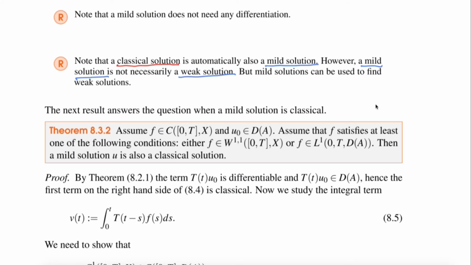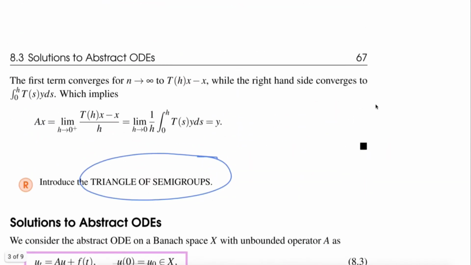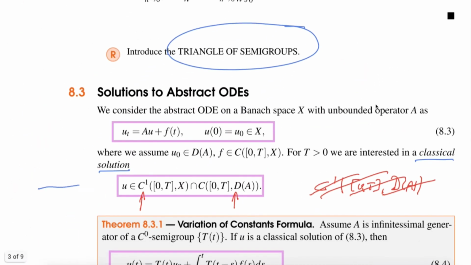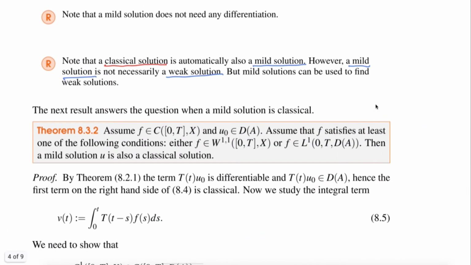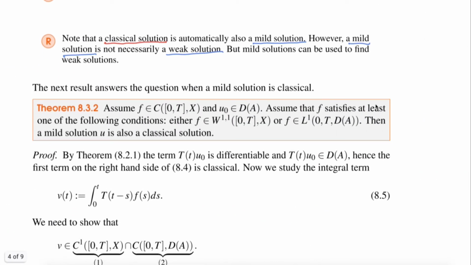Okay, in the next result, though, we show when a mild solution is actually classical. So classical in the sense of the previous page here on top, where I am in this space. This is what I mean by classical. So C1 with values in X and C0 with values in D(A). And to have this, we need one of two conditions.